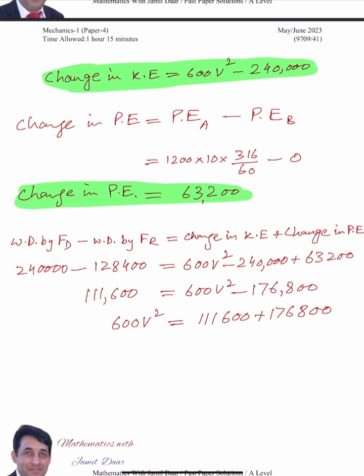So 111,600 plus 176,800, and if we divide it by 600, V square is equal to 480.6667.